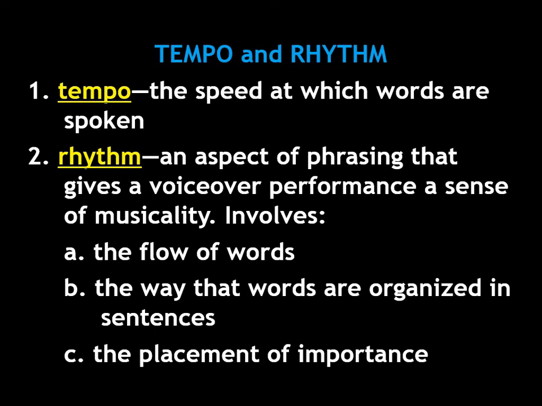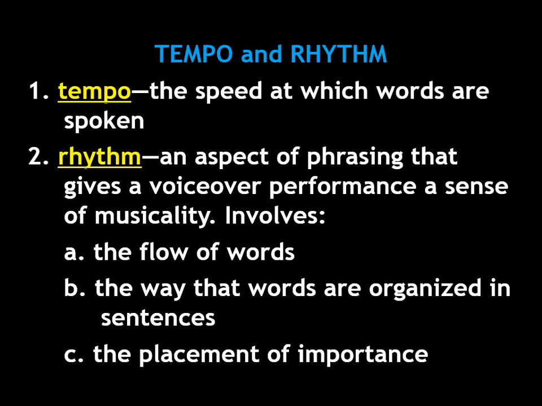The ways that words are organized in sentences helps with rhythm as well. So you may put certain words together in such a way that they will sound more natural if you speak them quicker, and you put other words together in such a way that it may make more sense to say those things slower.